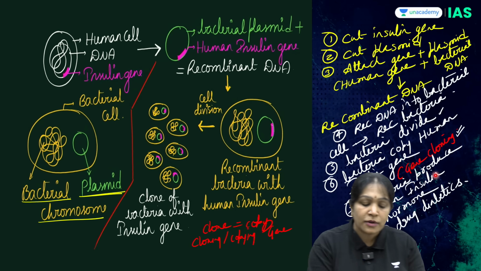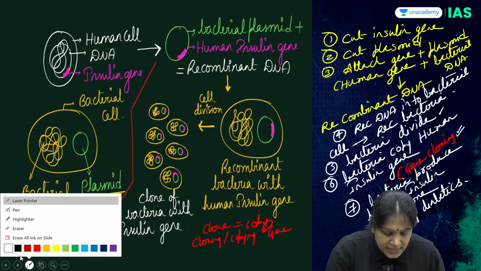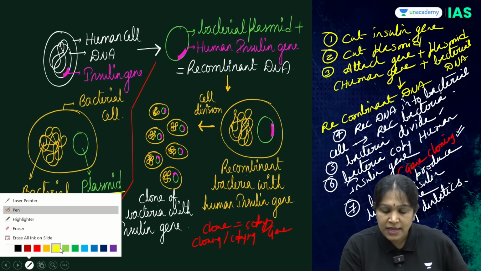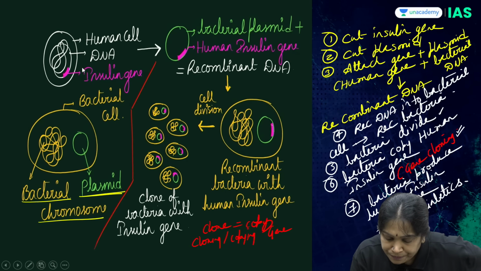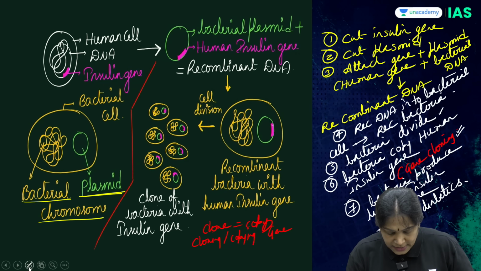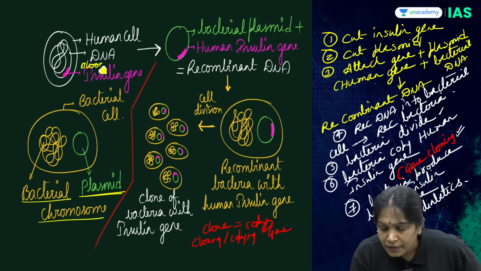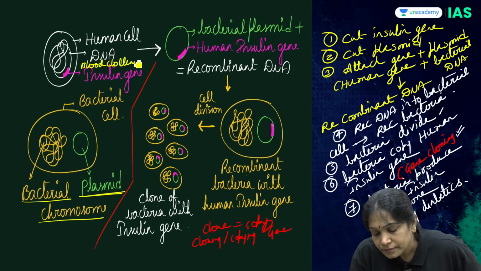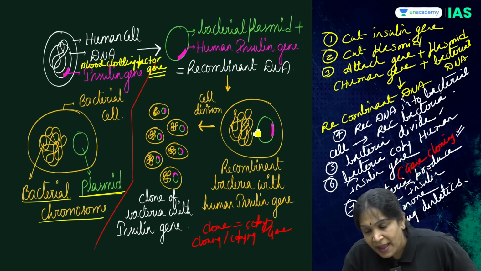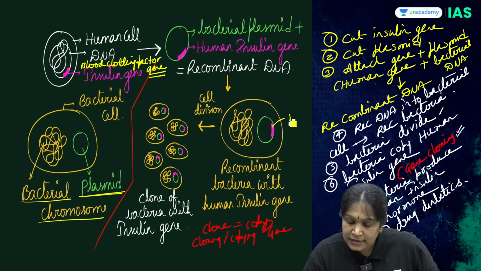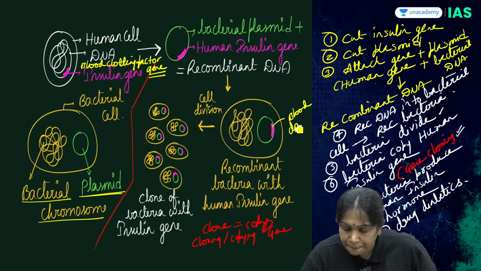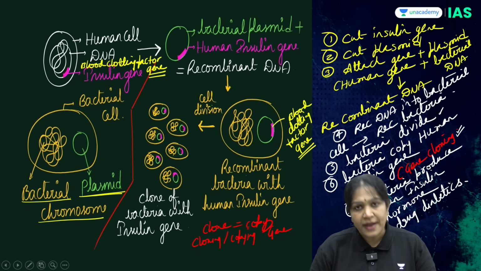If you insert the blood clotting factor gene in this place, instead of this insulin gene, then this bacteria will contain the blood clotting factor gene. So such bacteria will produce blood clotting factors.